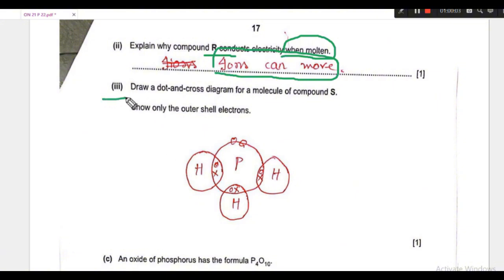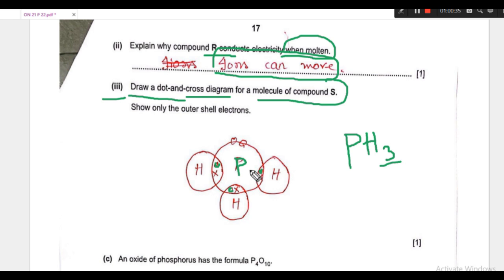Next, draw a dot and cross diagram for a molecule of S. S is a simple molecule, PH3, phosphine. So phosphorus here, 3 hydrogen, 1 electron given by hydrogen, another electron from phosphorus, 3 bonds.